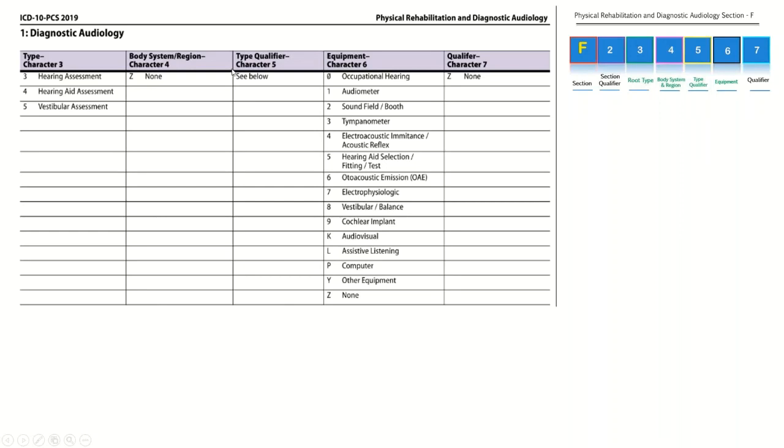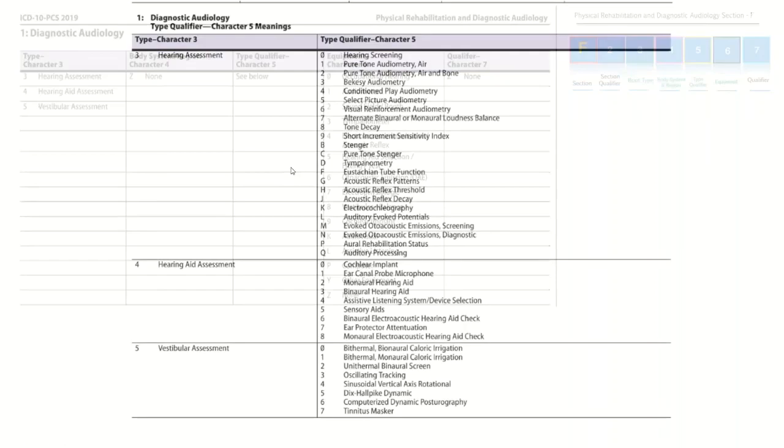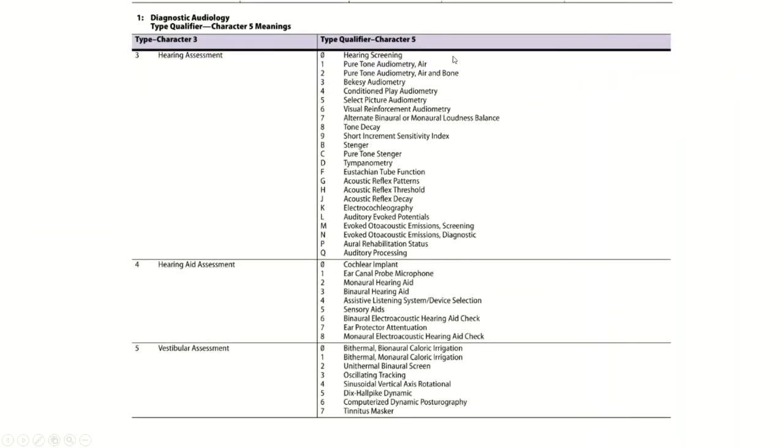Now let's take a look at your fifth character, the type or the qualifier. And you'll see your fifth character corresponds to the third character. So the type of test will be at your third character, and the qualifier will further specify that hearing test. And then your hearing aid assessment, your fifth character qualifier will further specify what type of hearing aid assessment it was.